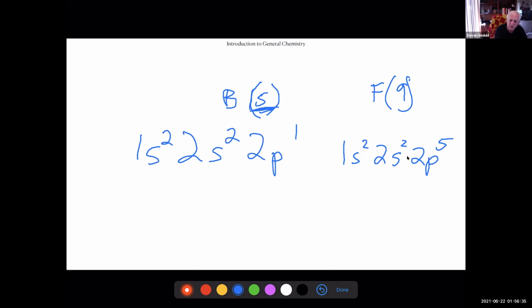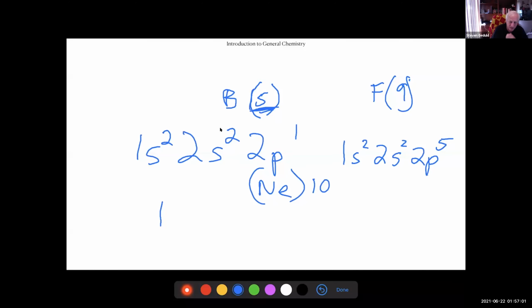What would be the first numbers and letters? 1s2, that's hydrogen and helium.